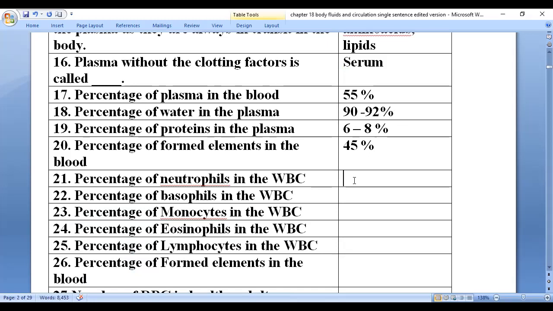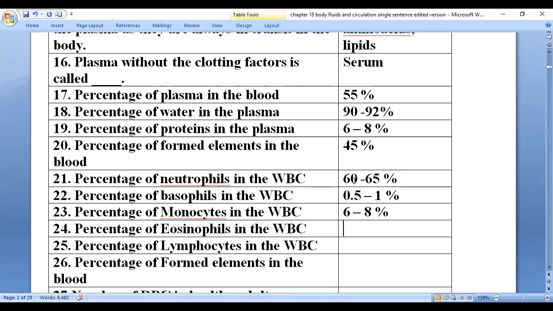Percentage of neutrophils in the WBC, 60 to 65%. Percentage of basophils in the WBC, 0.5 to 1%. Percentage of monocytes in the WBC, 6 to 8%.